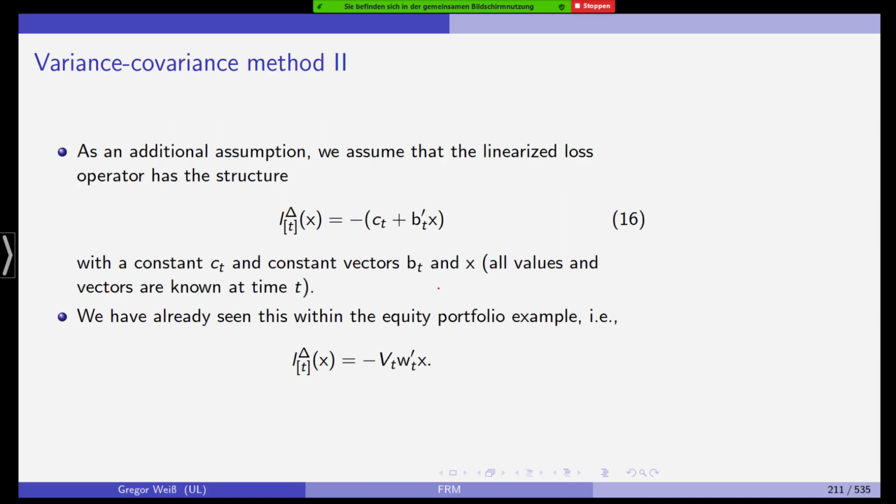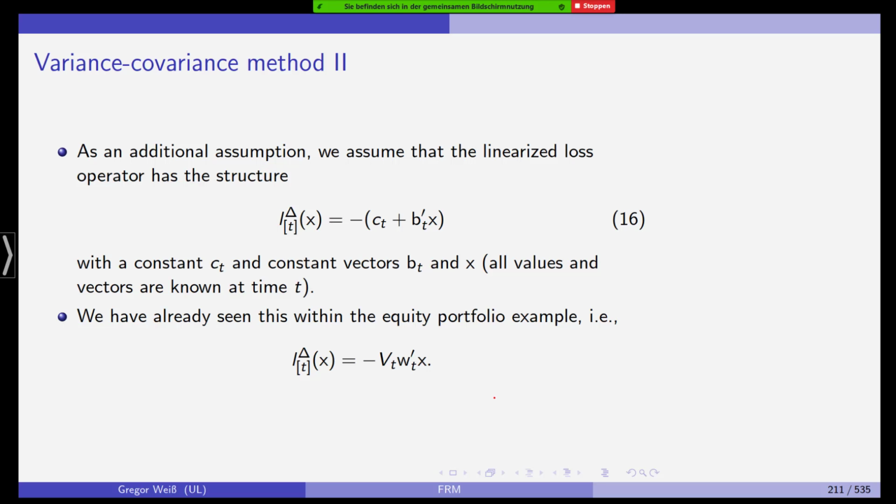Now, if it's linearized, we have the following structure. For the risk factors, we know C_t is a constant, B_t is a constant vector, and we've already seen this a couple of lectures ago for the equity portfolio example.